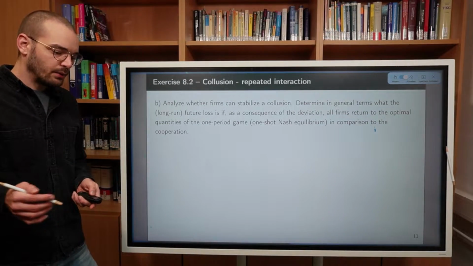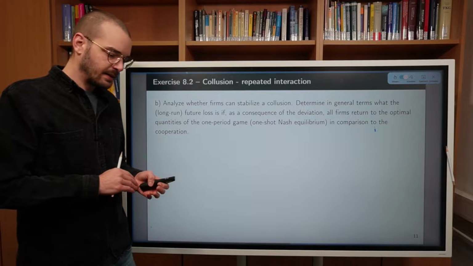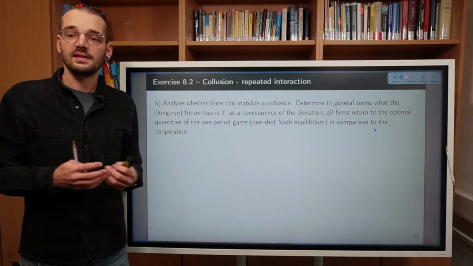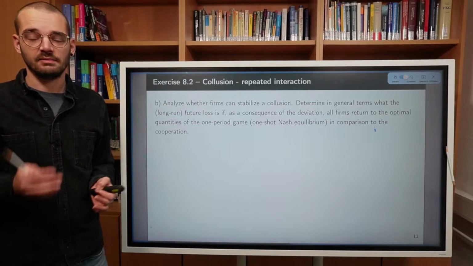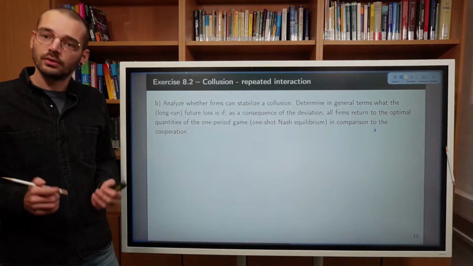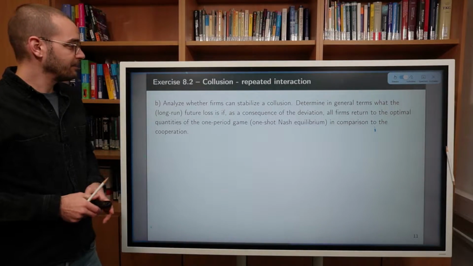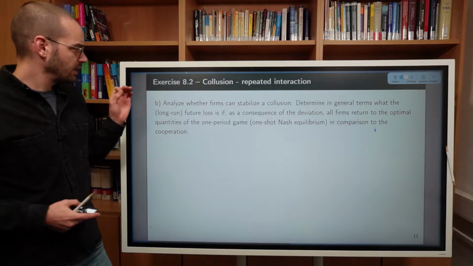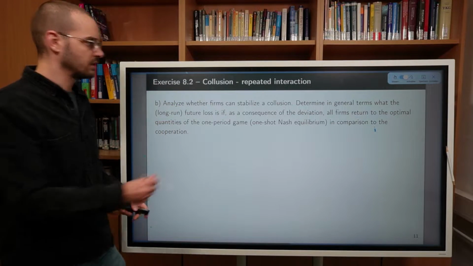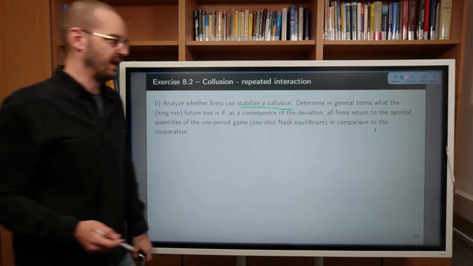So now we have learned that there is a positive incentive to deviate in this model, the model where firms are in a Cournot competition, right? Now we're asked if and how it would be possible for firms to stabilize the collusive behavior.